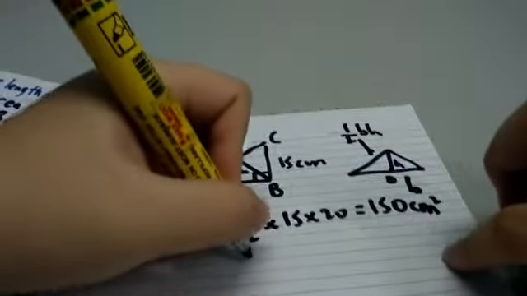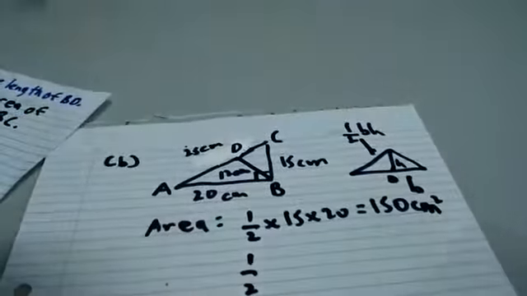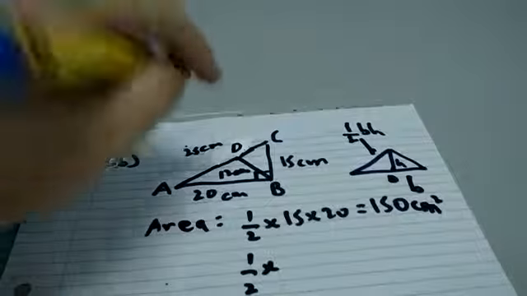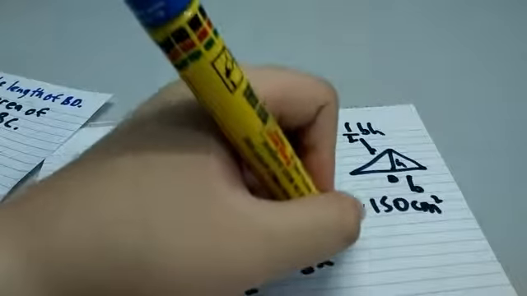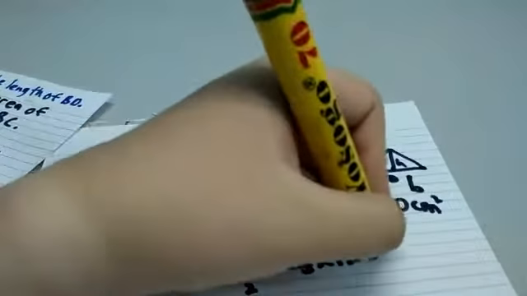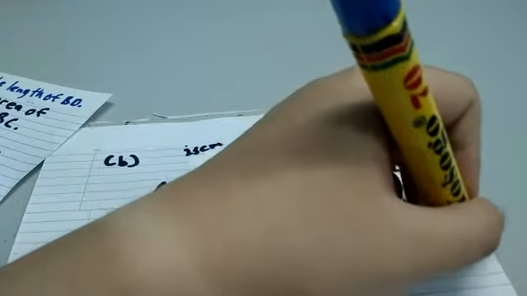So I can also write it as 1 over 2 times 25 times 12, which is also equal to 150 centimeters square.